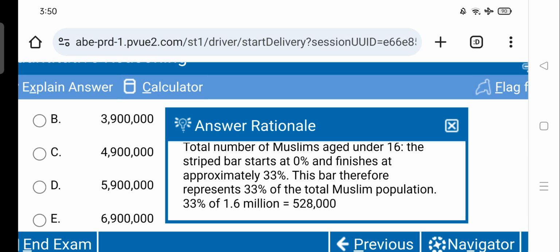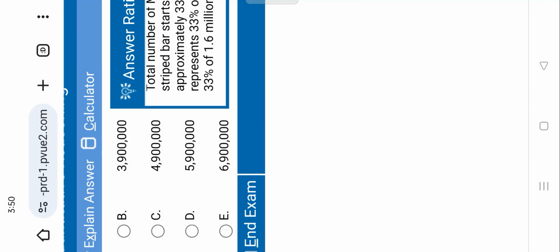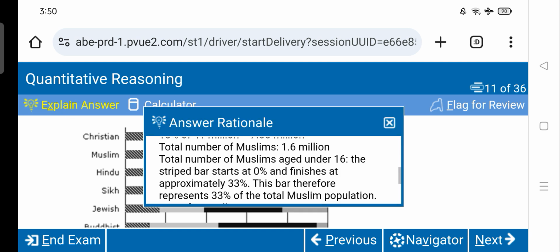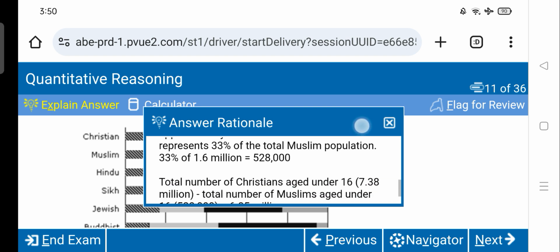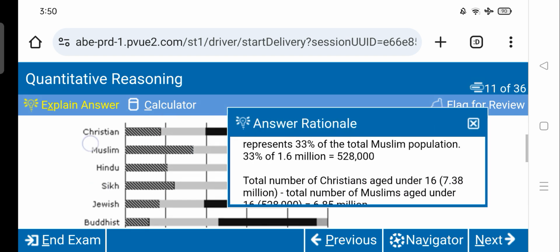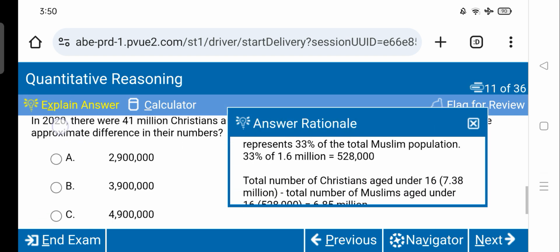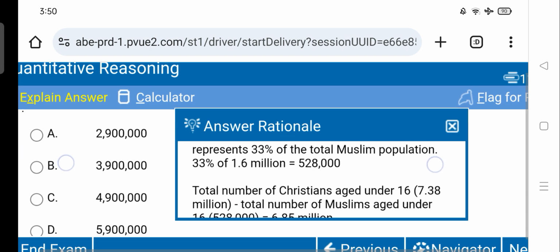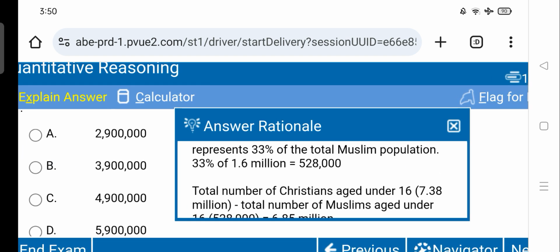This bar therefore represents 33% of the total Muslim population. So 33% of 1.6 million equals 528,000.